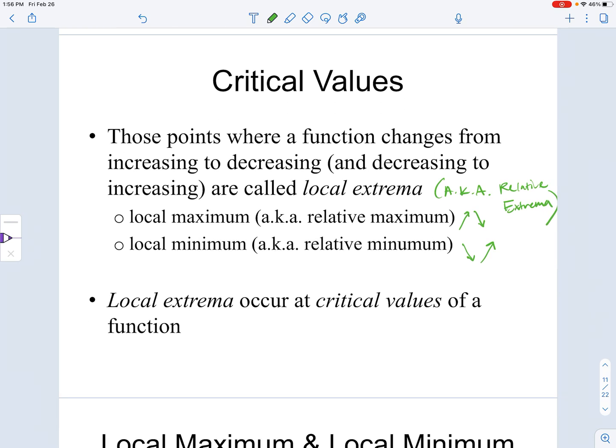So we'll talk later on about what it means if the function at that value just maybe goes from increasing and stays increasing, or decreasing and stays decreasing. But if there is a change from increasing to decreasing or decreasing to increasing, it means that a local extrema exist. And local extrema occur at critical values of a function. And critical values are x coordinates. Okay, and critical points are actual points x comma y, where x would be the critical value for the function.